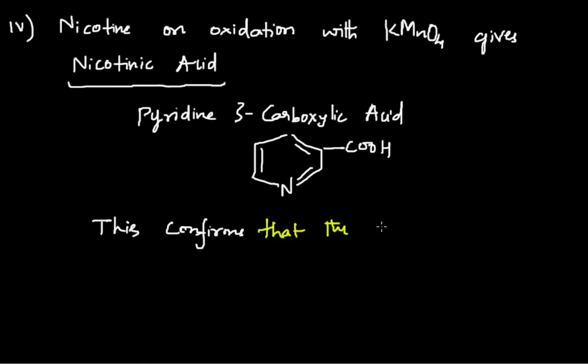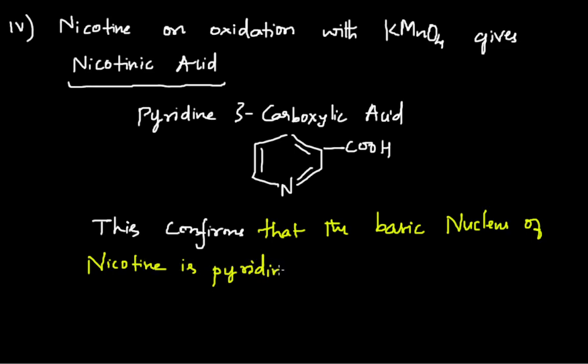So this confirms that the basic nucleus of nicotine is pyridine. This is where we come to know that there is a pyridine molecule present. So this also accounts for 4 double bond equivalence.